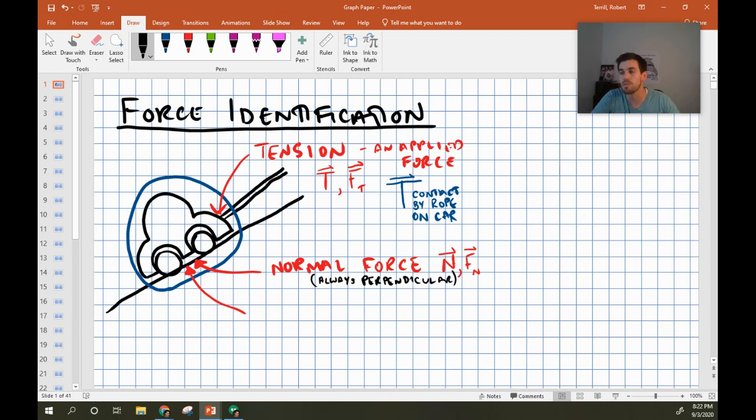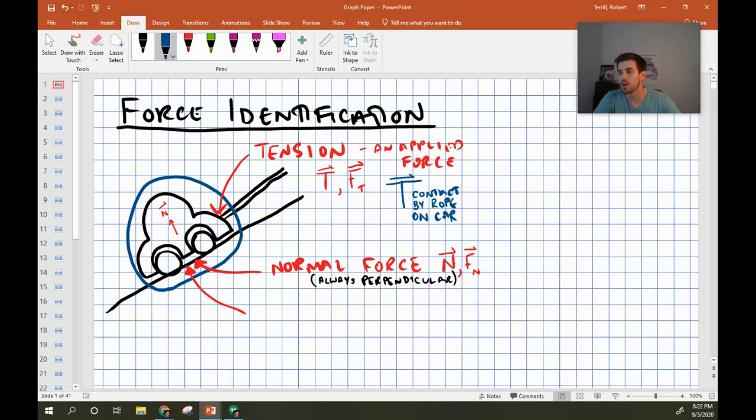And by perpendicular, I mean to the surface. So the normal force is pointing straight up perpendicular to the surface, meaning that it would be going at roughly that direction there. So that's always the normal force.